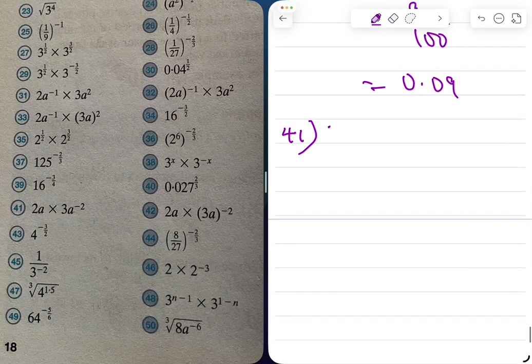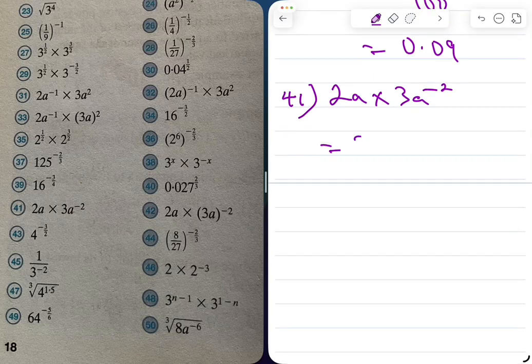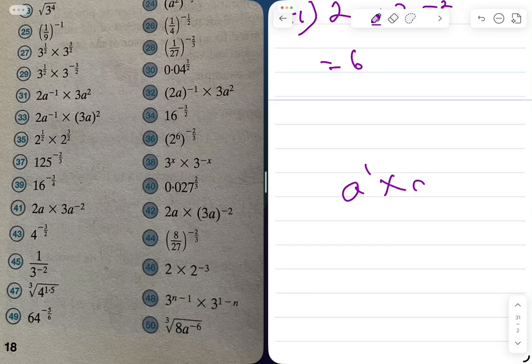2a times 3a raised to the power minus 2. That's equal to 2 times 3, that's 6. a times a raised to the power minus 2, that's a raised to the power 1 times a raised to the power minus 2, which means a raised to the power 1 plus minus 2.